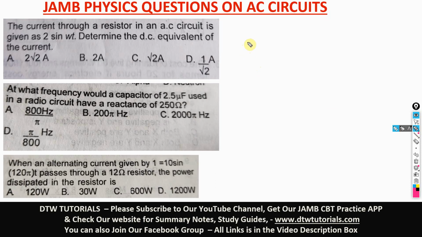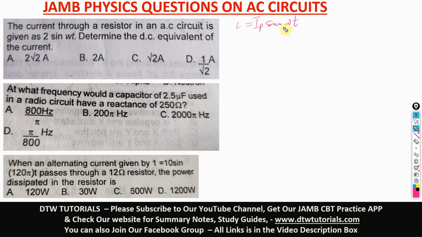Okay, now the next question says the current through a resistor in an AC circuit is given as 2 sine Wt. Remember, current is equal to IP, peak current, sine Wt.